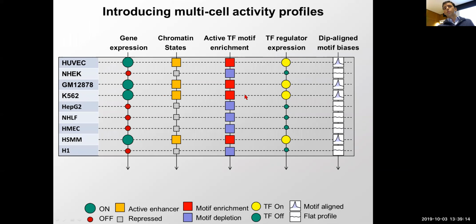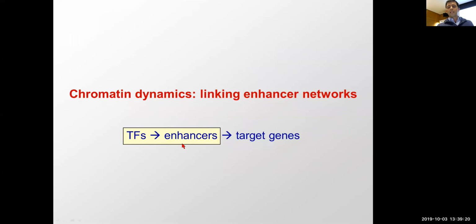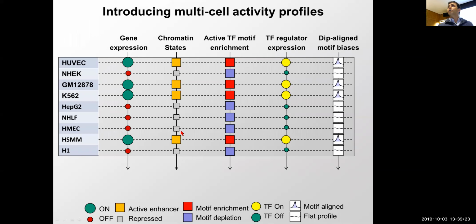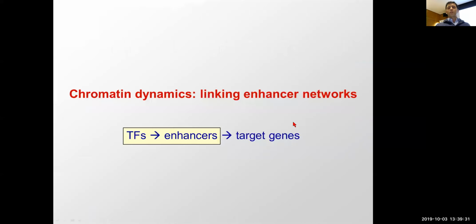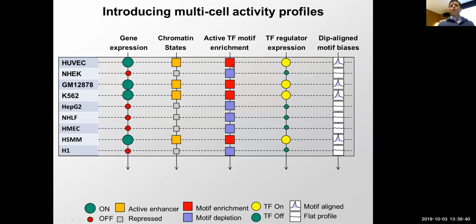But you can also use other vectors of activity. You can look at the enhancer activity pattern, and then ask if I also have correlated expression of a regulator. Now I'm trying to find who controls these enhancers. You can do that by asking which regulators show enriched motifs in those enhancers and expression patterns that are positively correlated, for an activator, or negatively correlated, for a repressor, with my enhancer chromatin state.